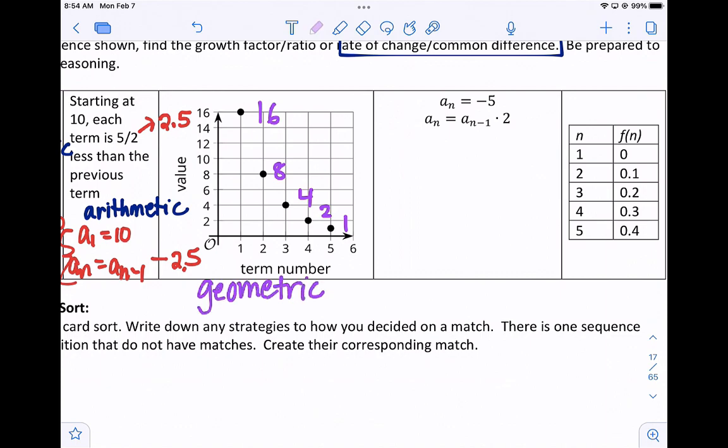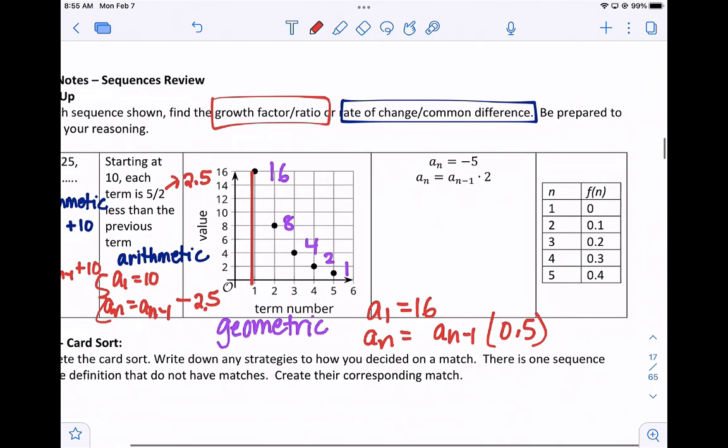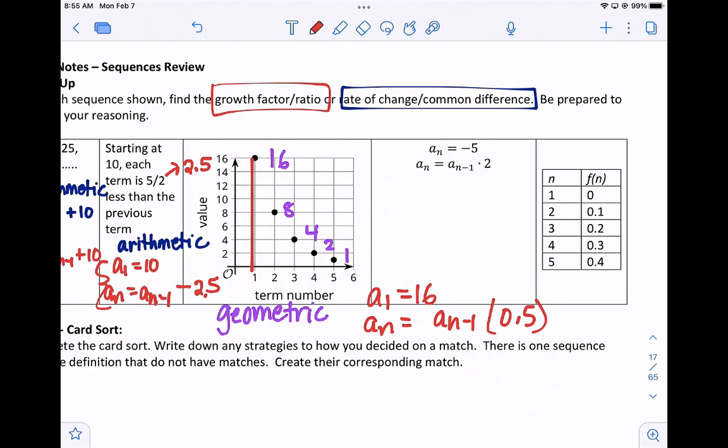If we were to write the recursion for that, we would say our first term, right here, would be 16. And to find any term, you take the term before it and multiply it by half, or you could say divide by 2. But again, when we think of geometric terms, the growth factor, the common ratio, we want to think of what are we multiplying by each time, and we're multiplying by half.